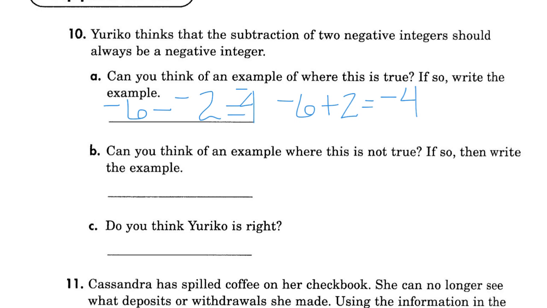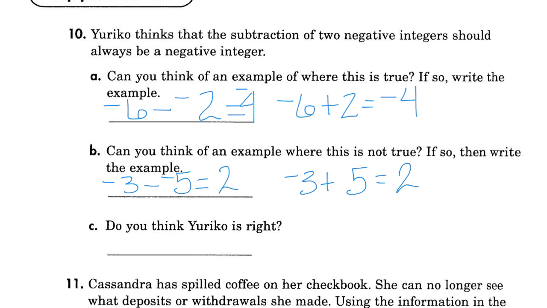It says, can you think of an example where this is not true? Well, if I have negative 3 minus negative 5 equals, now if I write that as negative 3 plus the opposite, so now negative 3 plus 5, that gives me a positive 2. If I look at my number line and do it, it's a 2.